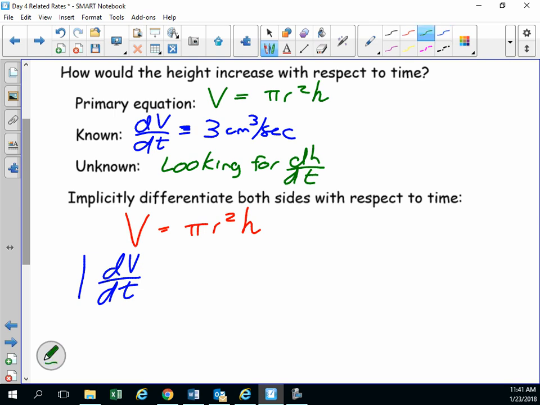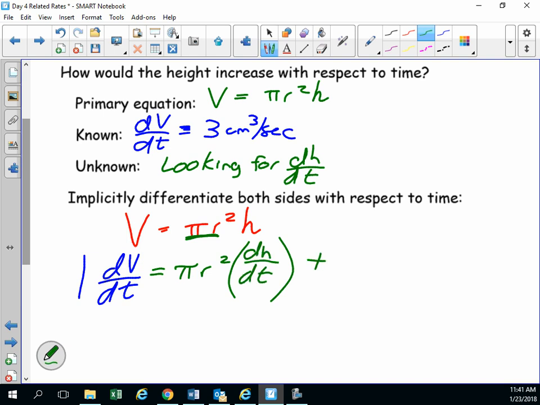Now I'm going to take the pi and put it with R squared, or you can put the pi on the outside, it does not really matter. So I always say first times the derivative of the second. What's the derivative of H? dH over dt.